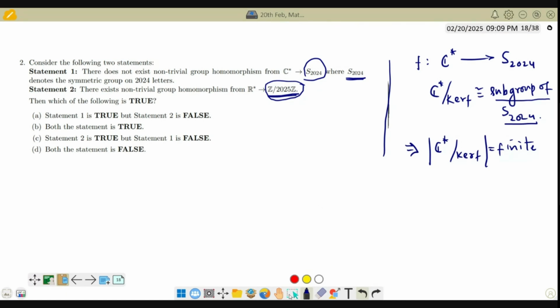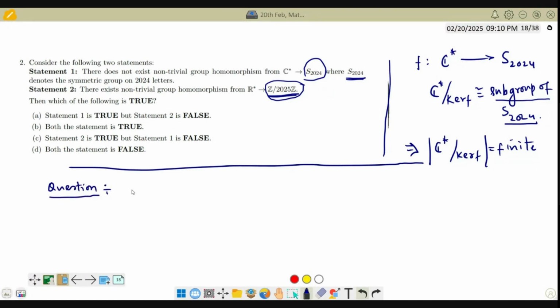Yes. So now the question reduces, from this small, trivial observation, that the kernel of F is a proper finite index subgroup of S_2024.